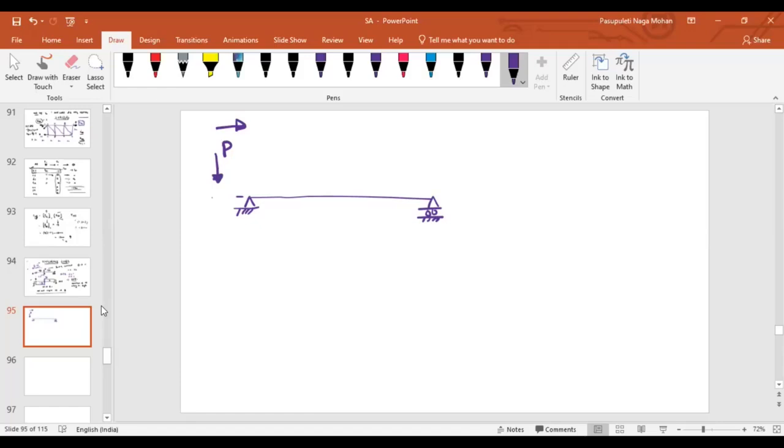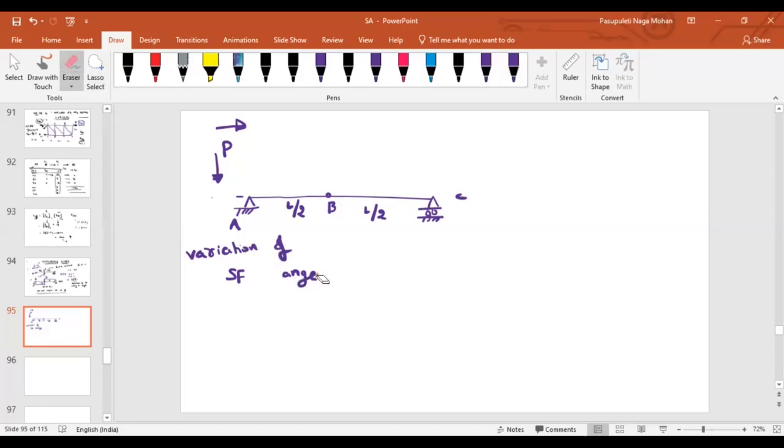They will also change. If I talk about a point B, let us say it is exactly at the center, then how does the shear force change, or we can say the variation of shear force at point B as the load moves over the beam.